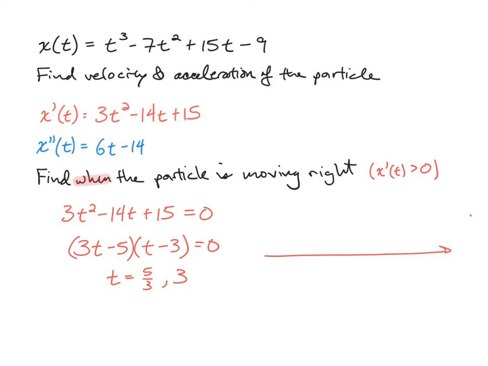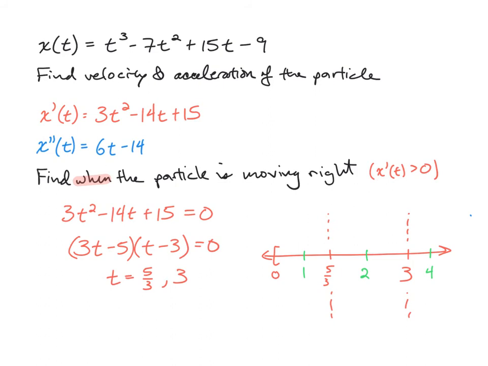Guess what? We have a little bit of a review here from the last unit. So let's see, we know time can't be less than 0. We have 5/3, we have 3. We're just trying to figure out where the velocity is positive, so we pick numbers. Why don't we pick 1, 2, and 4.